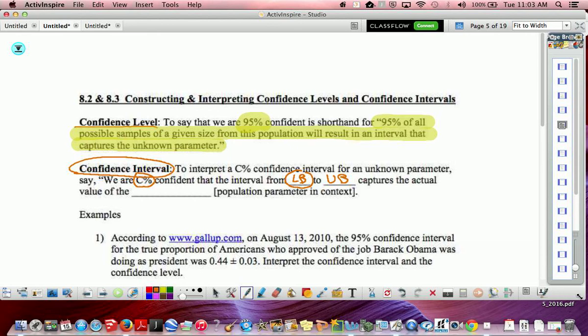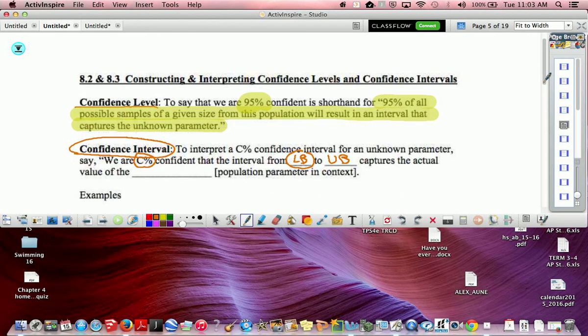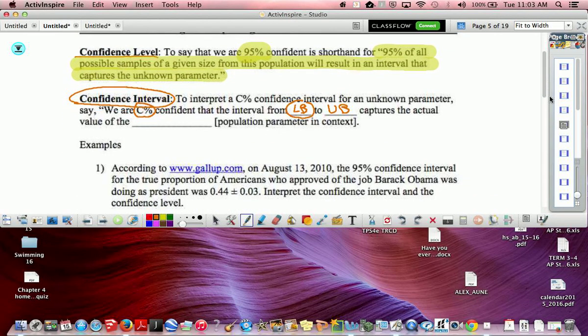The first example says, according to a Gallup poll, www.gallup.com, on August 13th in 2010, the 95% confidence interval for the true proportion of Americans who approved of the job Barack Obama was doing as president was 0.44 plus or minus 0.03. Interpret the confidence interval and the confidence level.